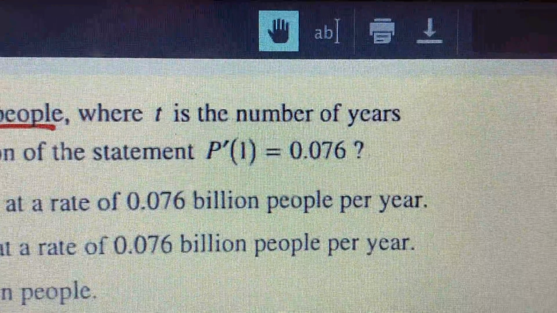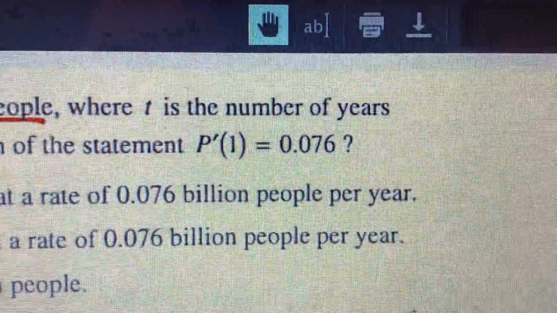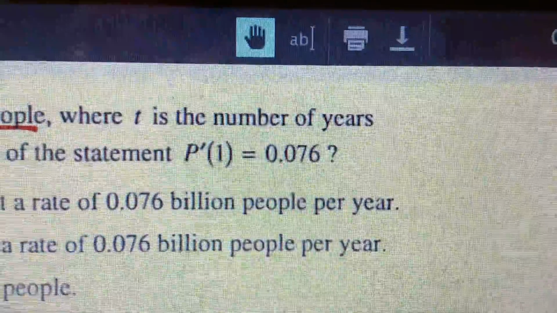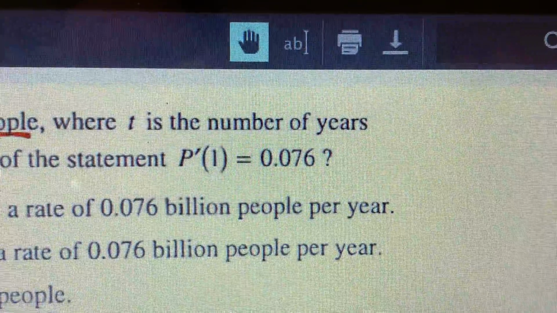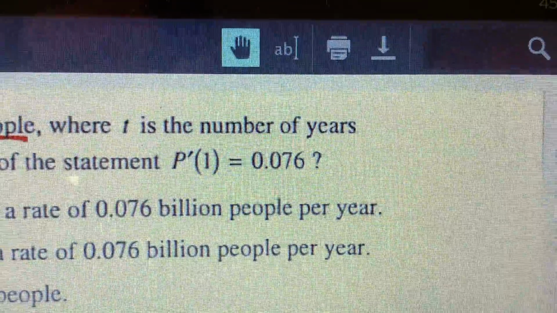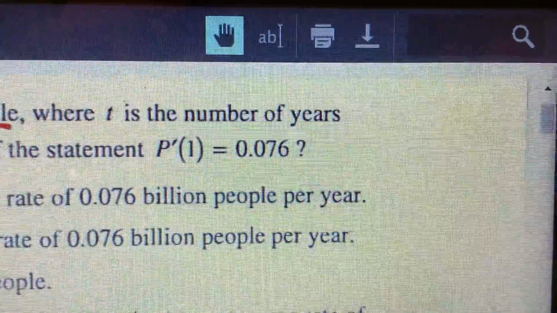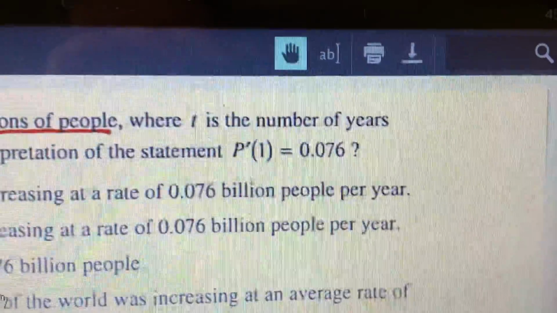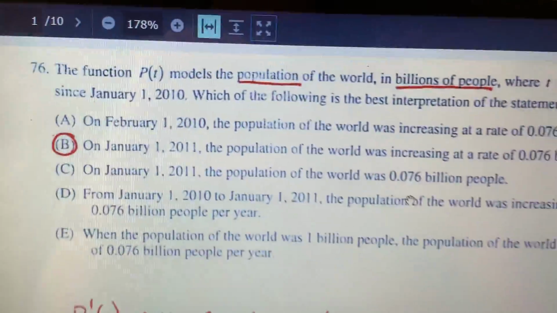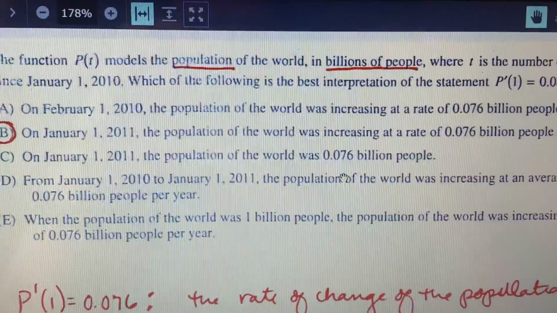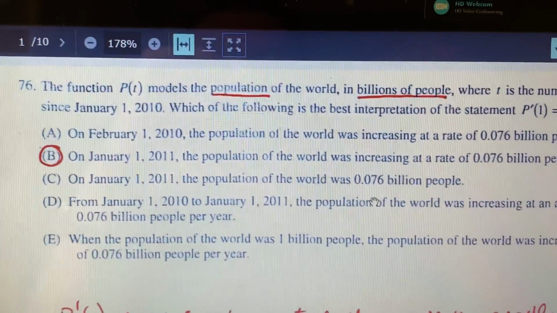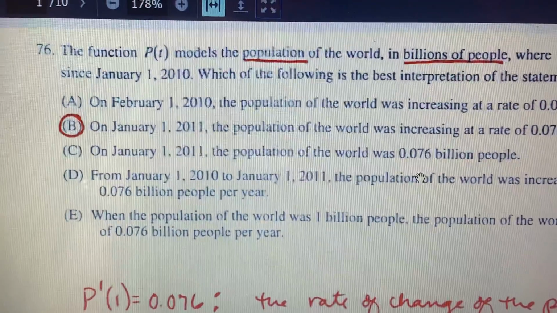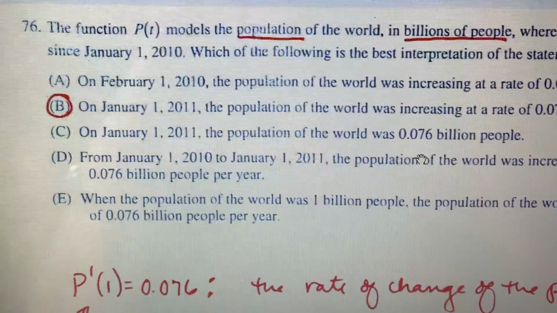If P is the population, the derivative would be the rate at which the population is changing, but not the rate of change from beginning to end. I want the instant derivative at 1. When I look back at B, it says the rate the population's changing, on January 1st. That is on that particular date.